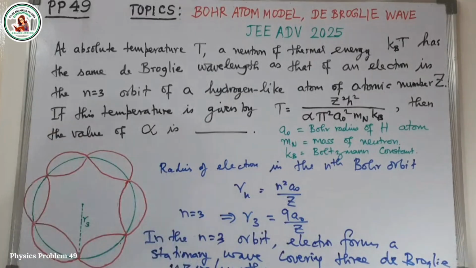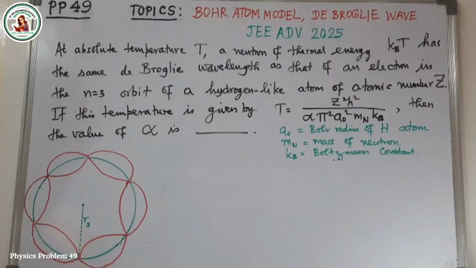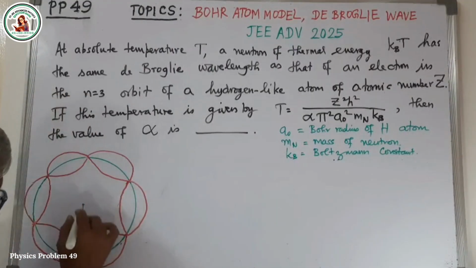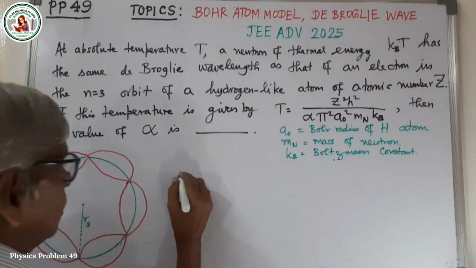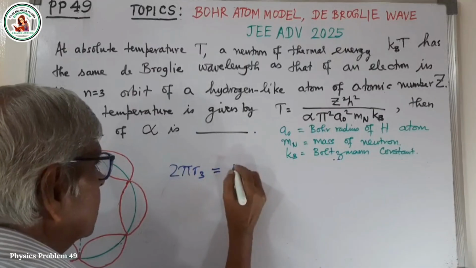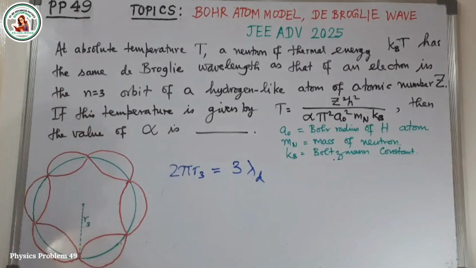So let us continue. Now, with radius r3, 2 pi r3 should be equal to 3 times the de Broglie wavelength.